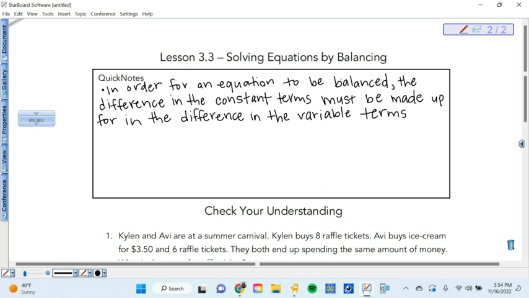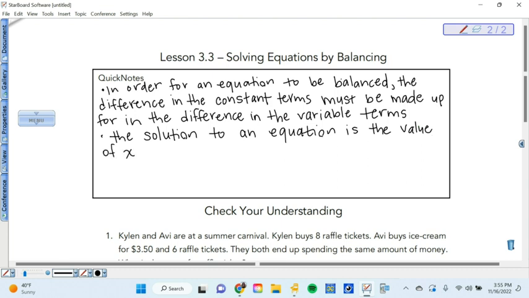Okay. And the solution to an equation is the value of x that equalizes the two expressions.